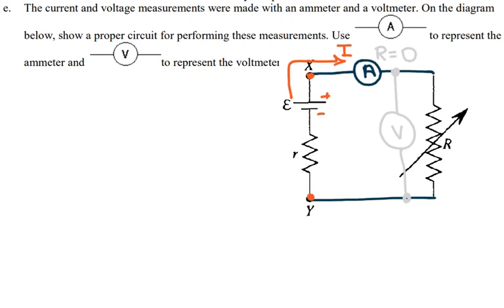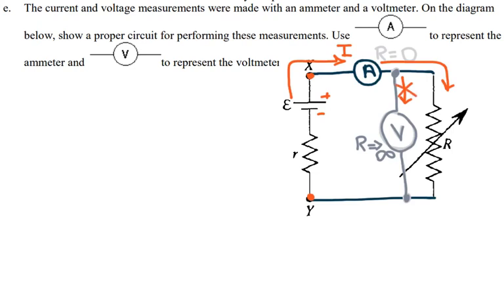But the resistance of the voltmeter must be equal to infinity or approaching infinity, because you don't want any of the current that is going this way to actually take a different route and go through the voltmeter.